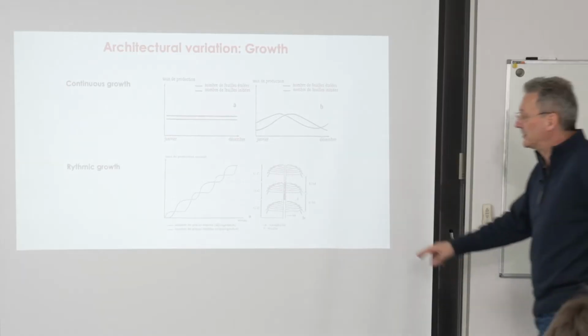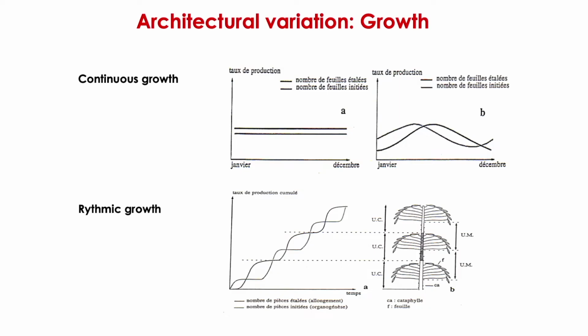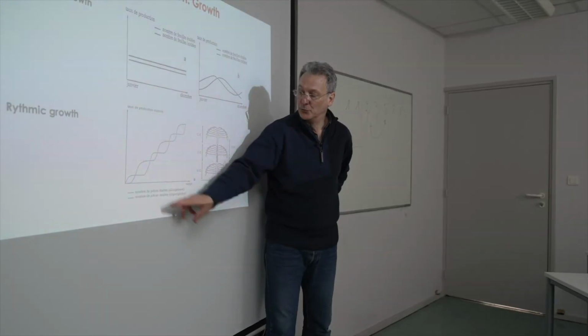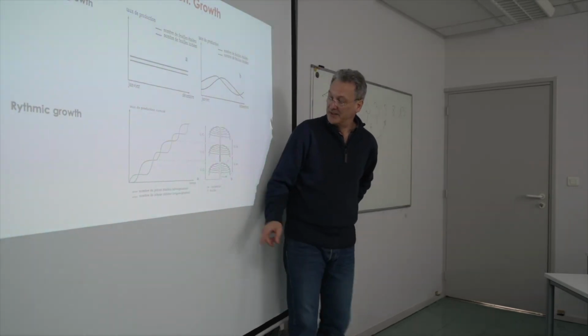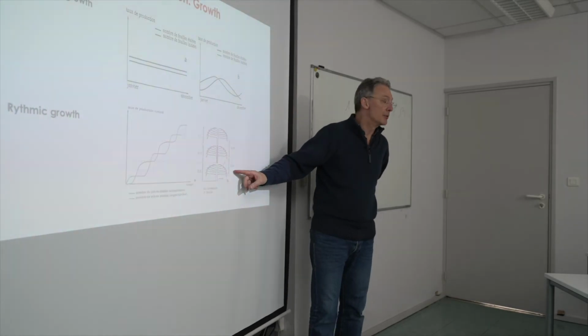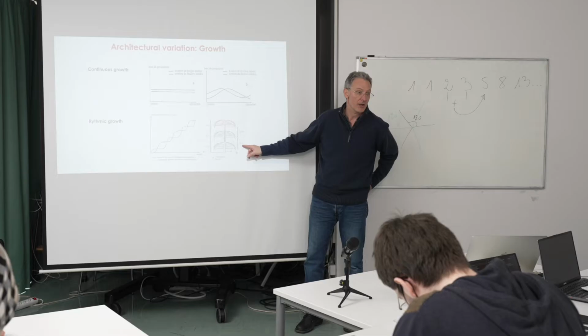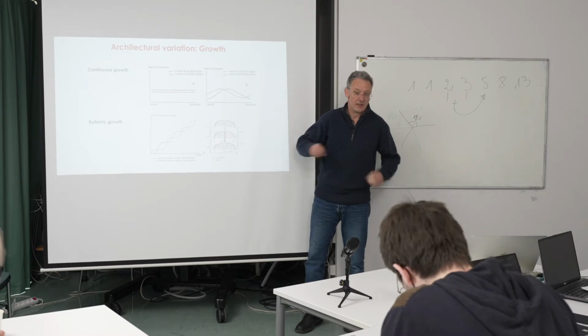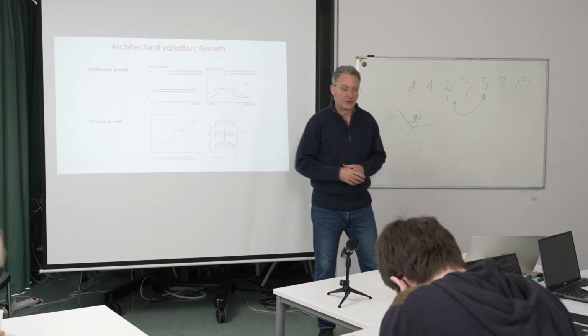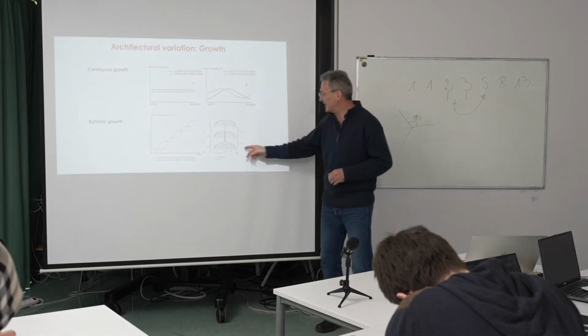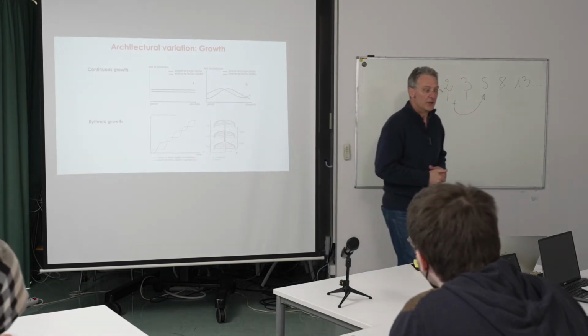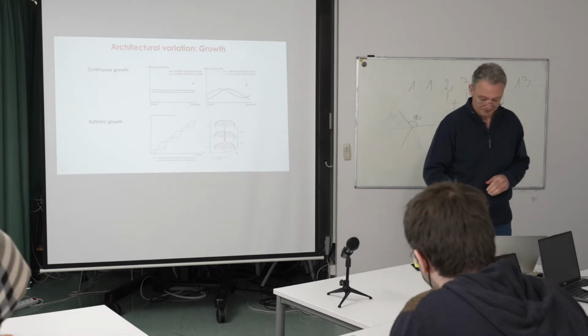If you put this in a cumulative growth, it would give curves like this, where you have acceleration, then the plant stops producing organs, then again produces organs, etc. And that would, in terms of architecture, produce these flushes of structures, like flushes of leaves or flushes of stems or branching systems.